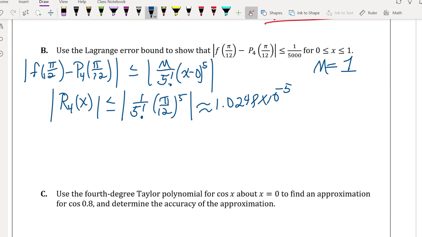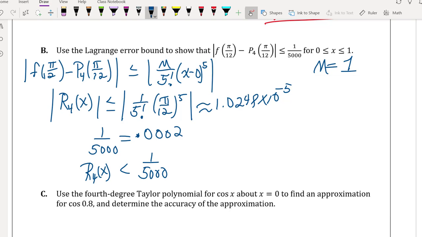And 1 over 5,000 is equal to 0.0002. So our error is definitely less than 1 over 5,000. So we have shown that this is true. I wrote that, and that's not the best way to write it.